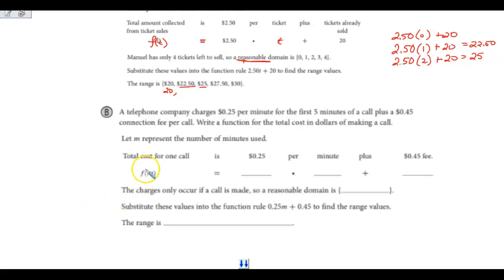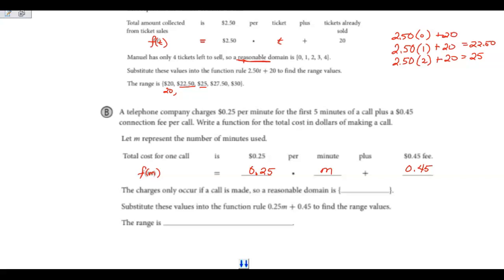So we have the function of the number of minutes that we're going to be using. The total cost for one call is 25 cents per minute, so that's 0.25 times m plus my fee of 45 cents for that call. The charges only occur if a call is made.